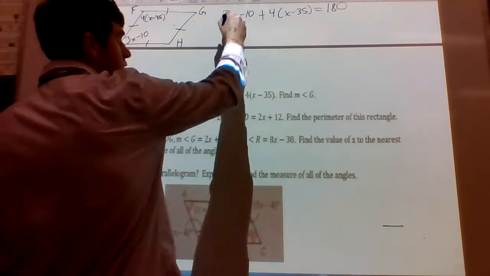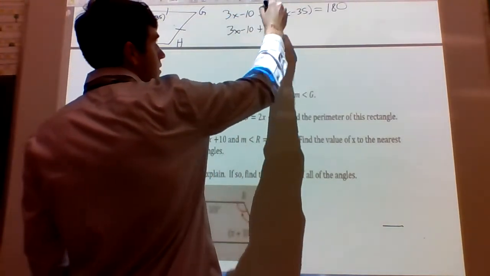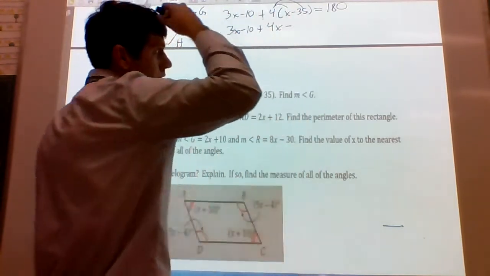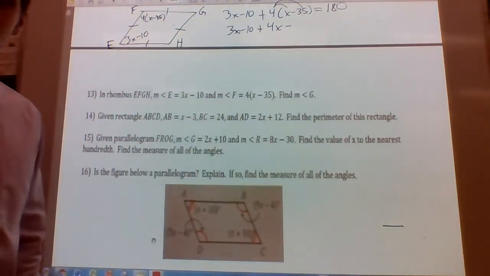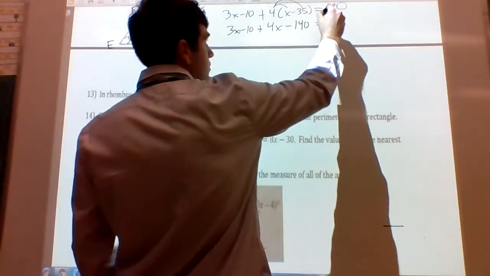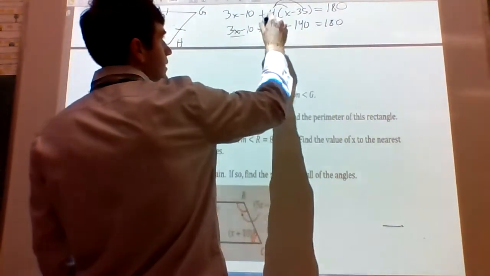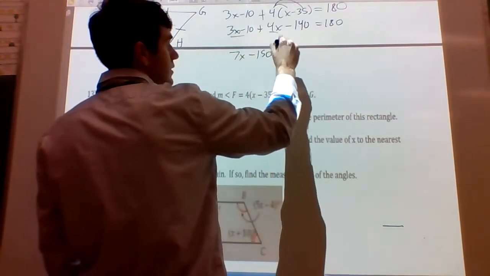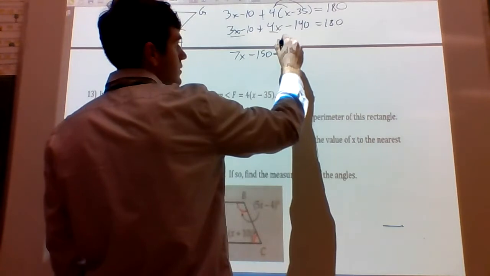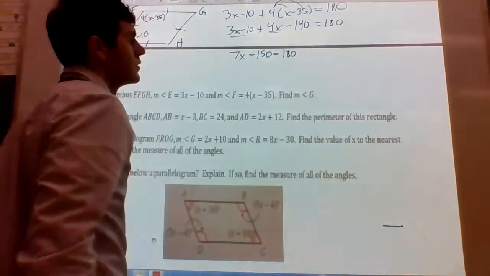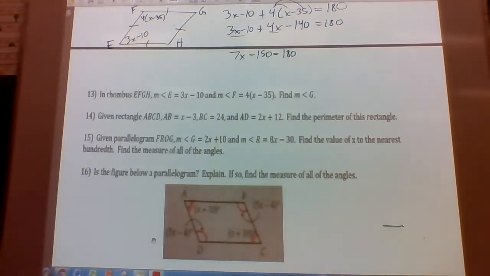We have to distribute, so 3x minus 10, distribute the 4, plus 4x, minus 140, equals 180. Combine like terms, we're going to get 7x minus 150 equals 180. You sure about this?